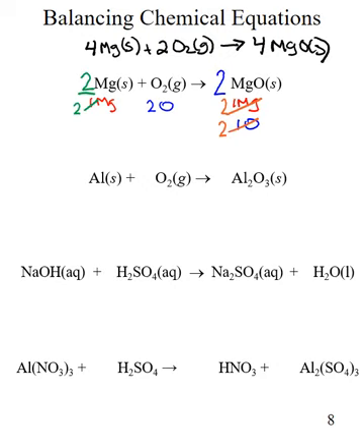Yeah, it would be balanced because I have 4 magnesiums on the left, 4 on the right, 4 oxygens on the left, 4 oxygens on the right. But this would be considered wrong if you had this. The reason why is because you need to reduce to the smallest whole number.